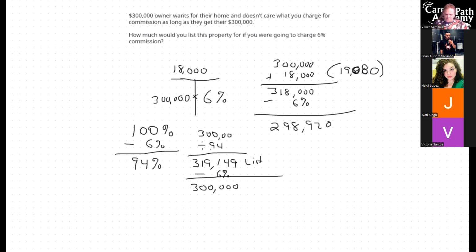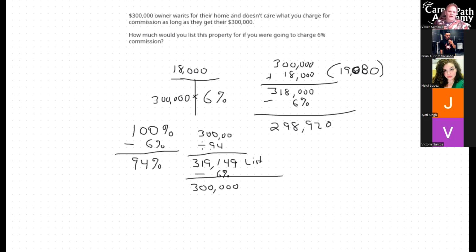And then you subtract 6% from that, and you'll get your 300,000, and I'll get my 6%. Because if you just take 300,000 times 6%, which is 18,000, and add it to the 300,000, well, now if you sell the house for 318,000, subtract 6%, the owner's getting 298,920. They're not getting 300,000. And you'll never get it right.